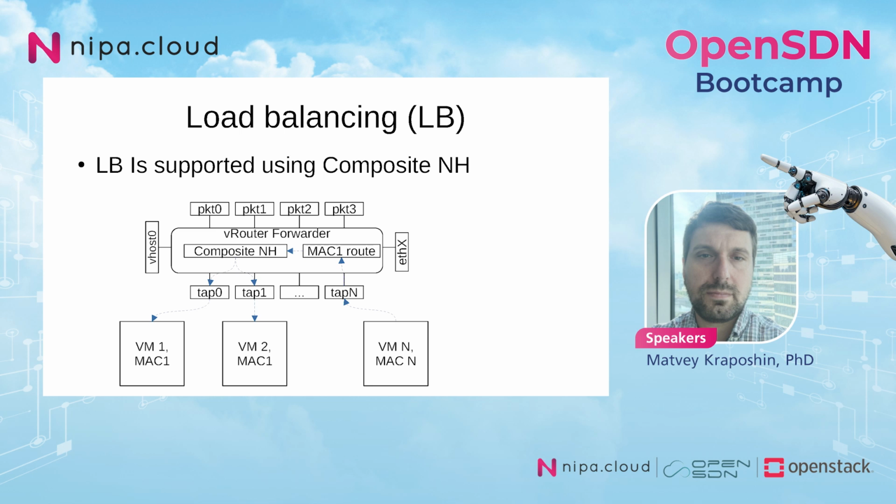And depending on the hash value of this MAC1, the packet might go to tap 0 or tap 1. And the decision is made inside the composite NH when the packet is analyzed.